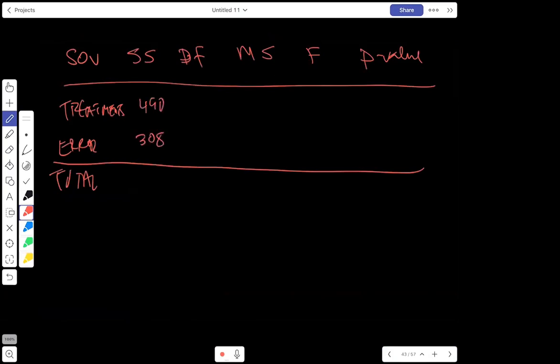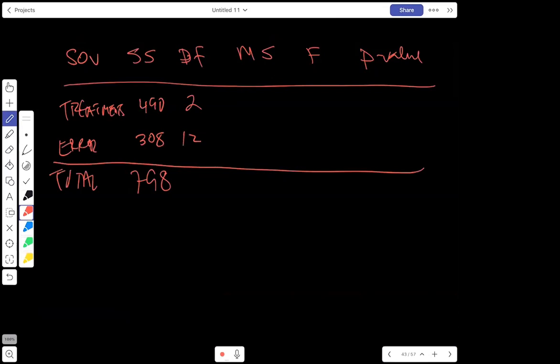If we add up those two, we'll get the total. That's 798 is the total. Degrees of freedom for treatments is k minus 1, which is 3 minus 1, which is 2. And n minus k, 15 minus 3, is 12.